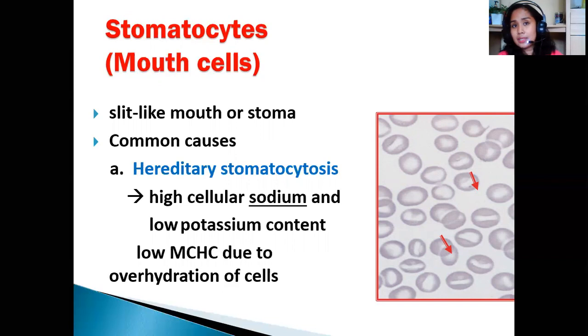At class, meron pa tayo isang kasabihan: where sodium goes, water follows. So, once sodium enters the red blood cell, water follows. It tends to overhydrate your red blood cell, so maraming fluid sa red blood cell mo, resulting in low MCHC. So, hypochromic, nagmumukhang low MCHC at hypochromic yung mga cells mo.